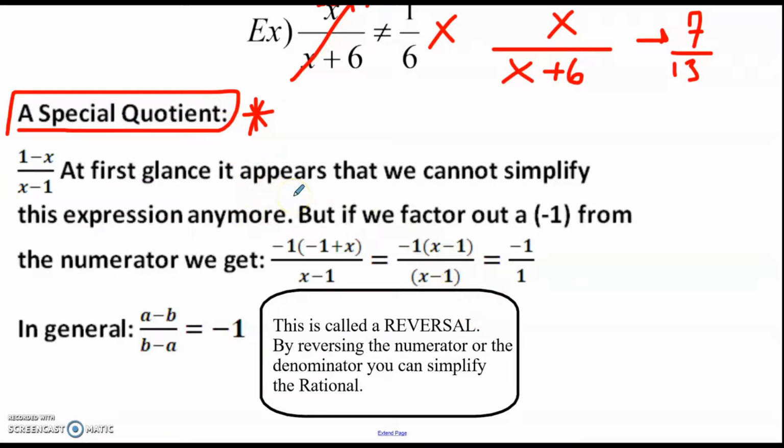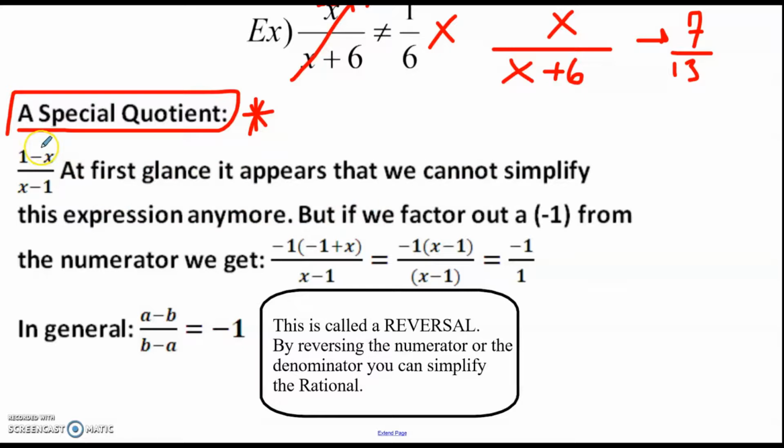Sometimes we do something called a reversal. That just means that we're basically going to be pulling out a negative in order to make something look a little different. So at first glance, if you look at this expression here, 1 minus x divided by x minus 1, you might think, that's not the same thing. Like, can't do anything there. In reality, you can. You can simplify it further.